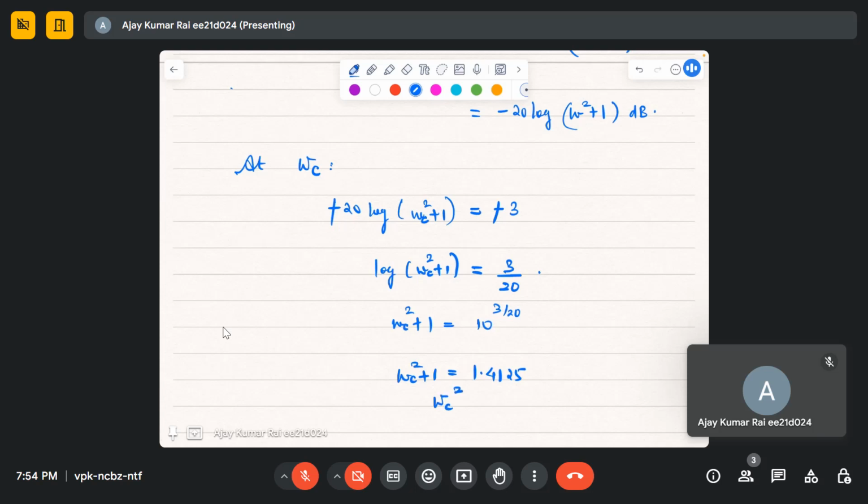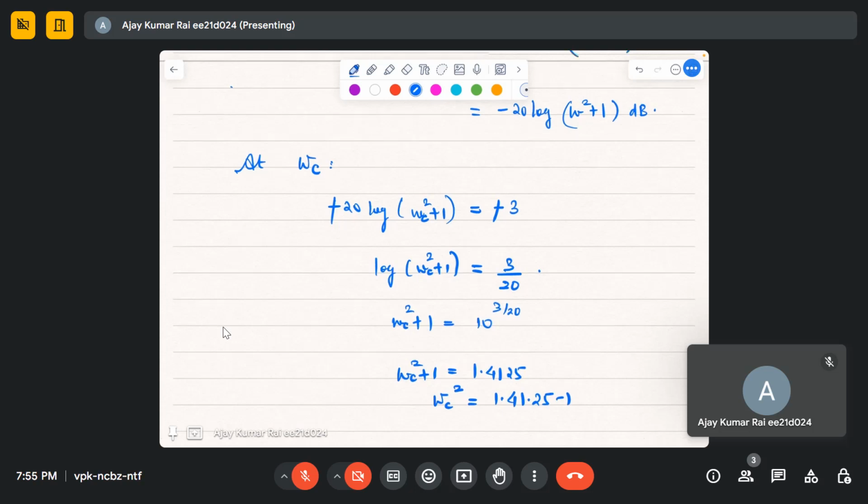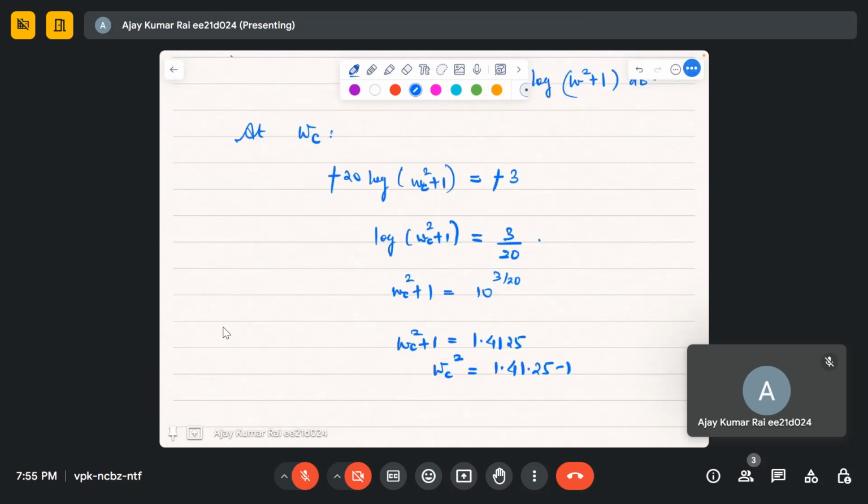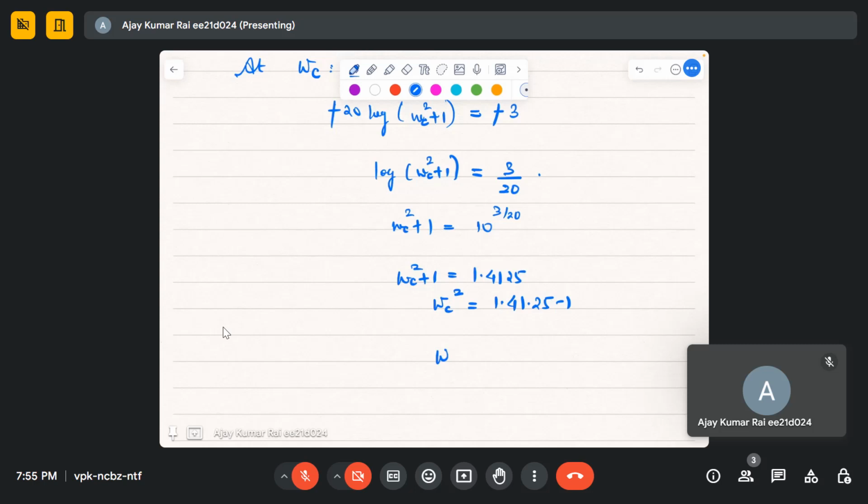Okay, so omega c, let me write the subscript here. Omega c square is equal to 1.4125 minus 1, so it's 0.4125. Let me take the square root, then I'll get the cutoff frequency.